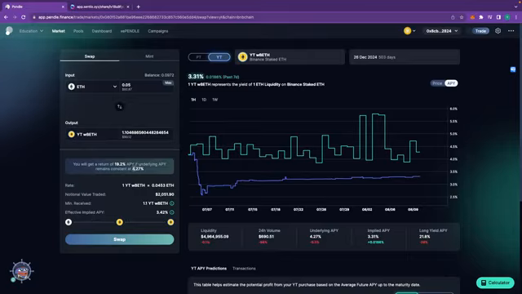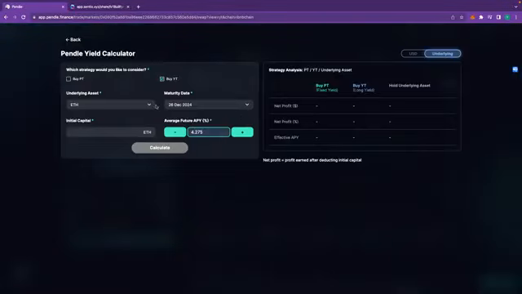Okay, you might say that maybe the underlying APY might not stay constant at 4.2%, right? Maybe it can be higher, can be lower. And the best way for you to gauge is to use the calculator. I would recommend using it. Just put in the potential amount you want to buy YT for.